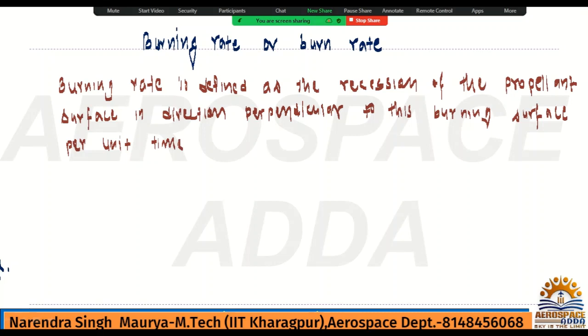Okay, so what is the meaning of perpendicular to the burning surface?